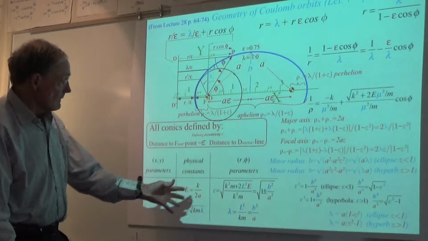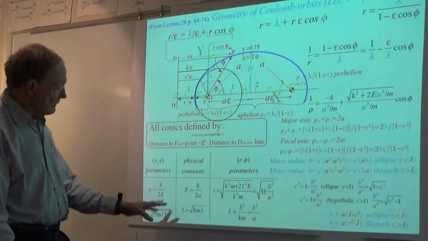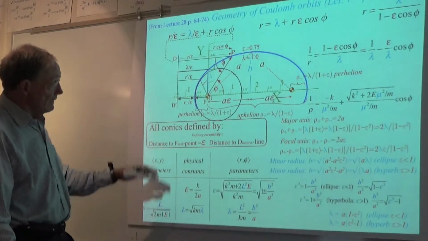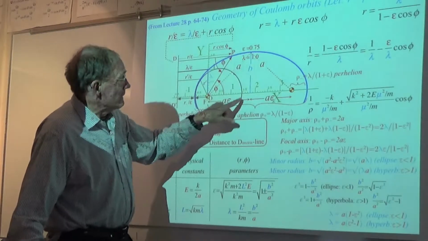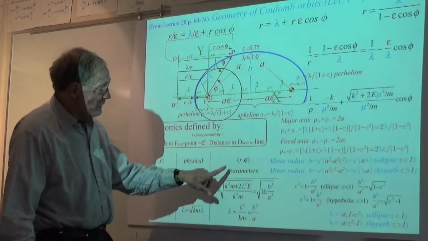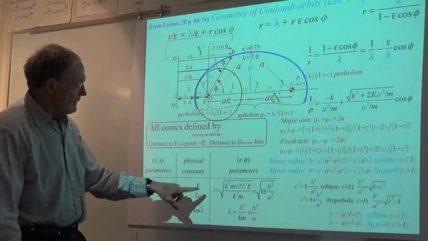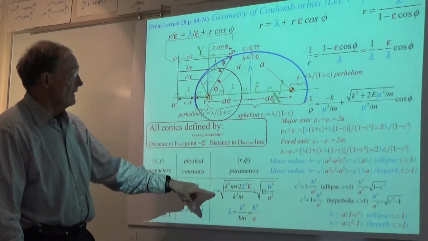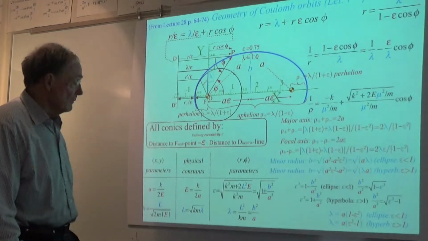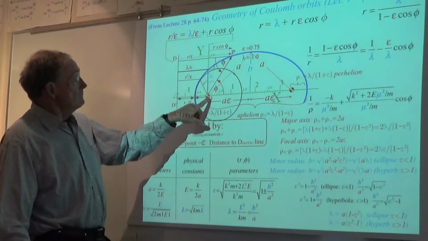The physical constants of motion, energy and angular momentum, being related either to the Cartesian parameters of A and B, or to the, shall we say, polar coordinate parameters of epsilon, eccentricity, the factor that makes the focal distance when multiplying the semi-major radius.